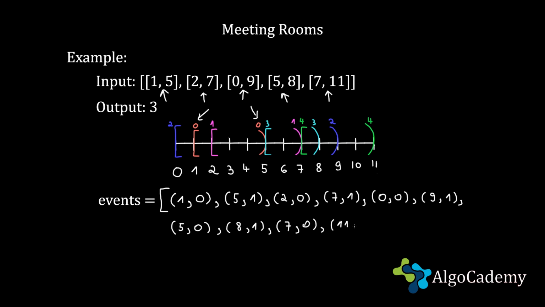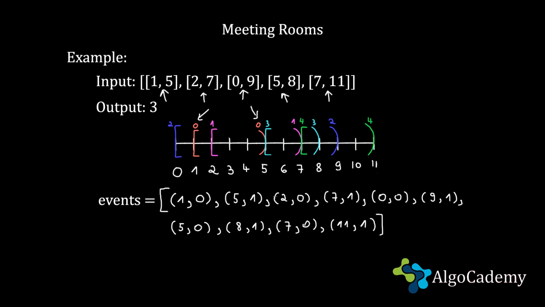So, after going through all the time intervals and making the events, we will be left with an array of pairs of integers, where the second integer is actually a Boolean, 0 or 1, and there will be 2 times n of them, right? Because if there are n time intervals, there are 2n events.